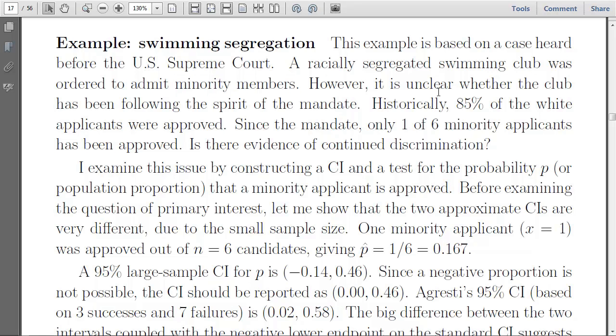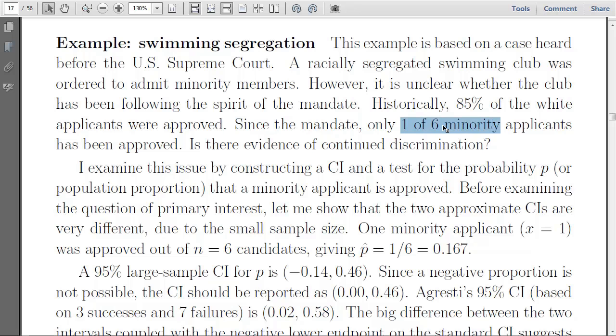So we want to know whether a racially segregated swimming club that was ordered to admit minority members has held up its side of that decision. All right. So historically, 85% of white applicants were approved. Okay, and since the mandate, only 1 out of 6 minority applicants were approved.